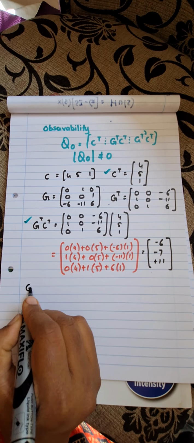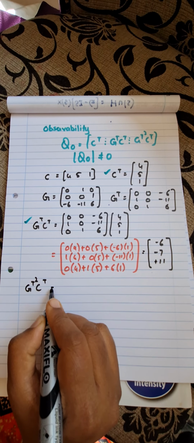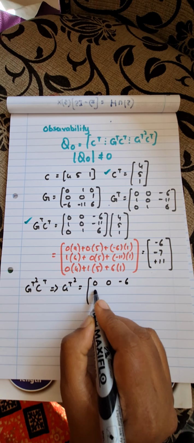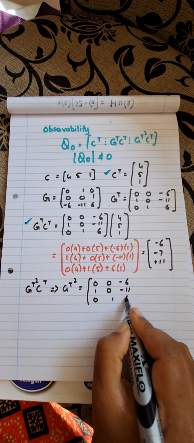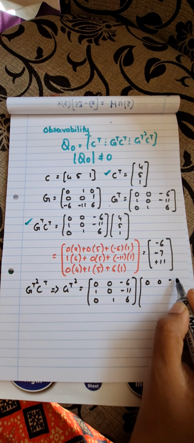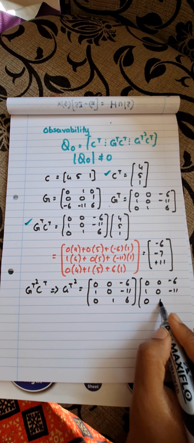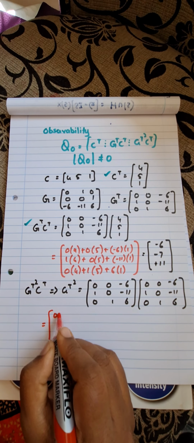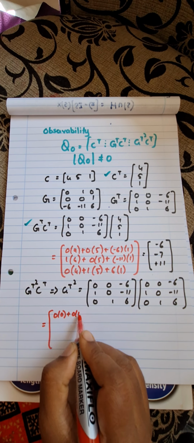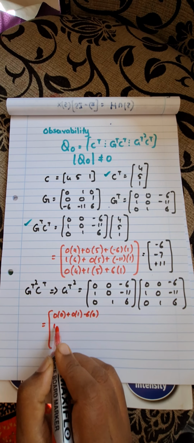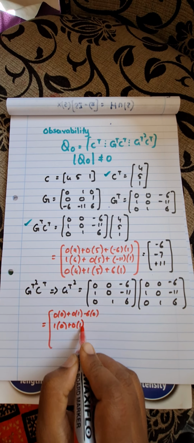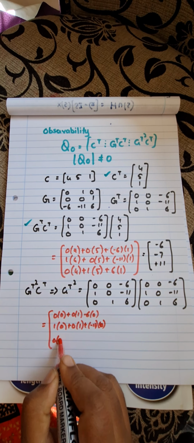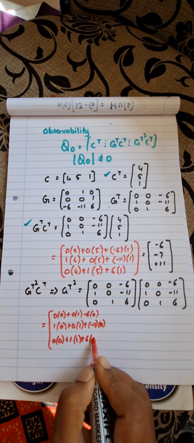Now our next target is G transpose square C transpose, where our requirement is G transpose square. So G transpose is 0, 0, minus 6, 1, 0, minus 11, 0, 1, 6 into 0, 0, minus 6, 1, 0, minus 11, 0, 1, 6. So this is equal to 0 into 0 plus 0 into 1 minus 6 into 0; 1 into 0 plus 0 into 1 plus minus 11 into 0; then 0 into 0 plus 1 into 1 plus 6 into 0.